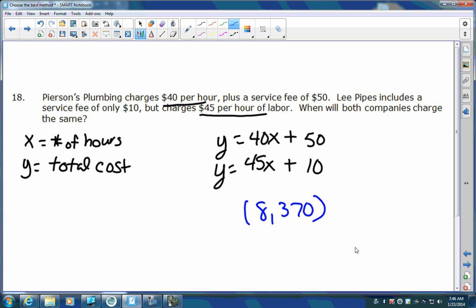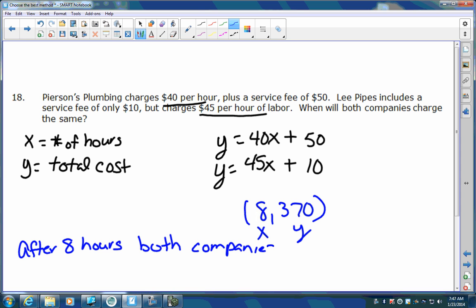What does that mean? 8 is the X. 370 is the Y. I heard somebody say it. What? After 8 hours, both companies would cost $370.